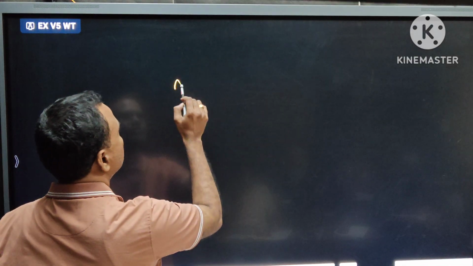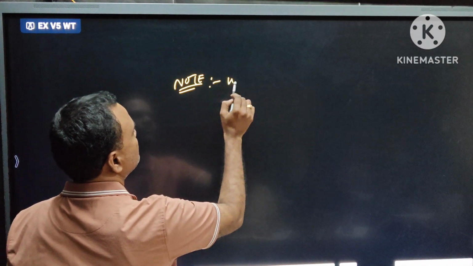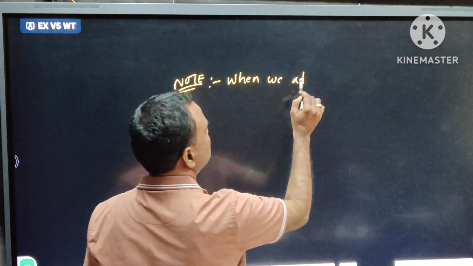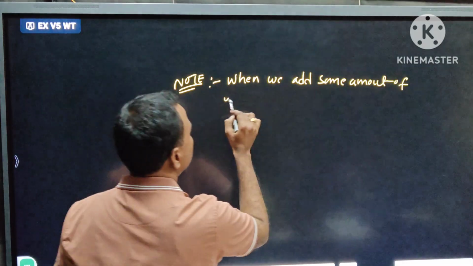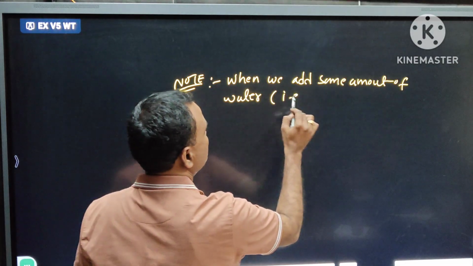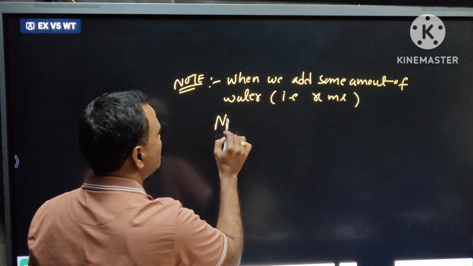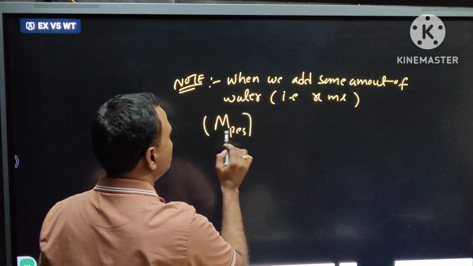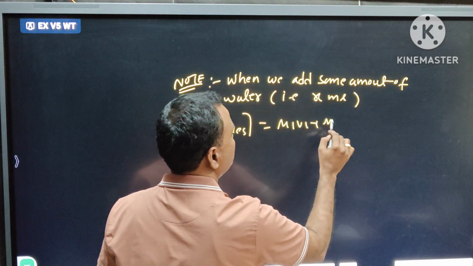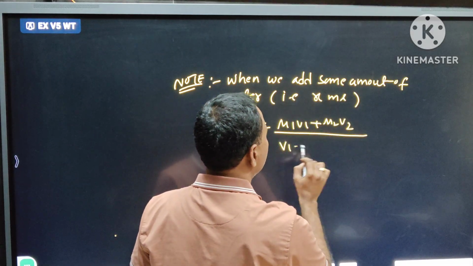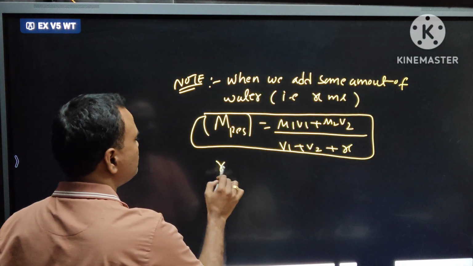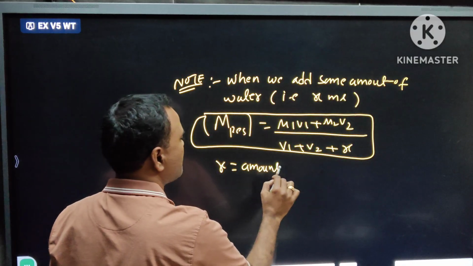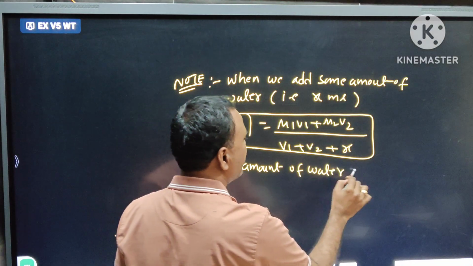Note down that when we add some amount of water, that is some x ml, M resultant is equal to (M1V1 + M2V2) / (V1 + V2 + x), where x is the amount of water added.